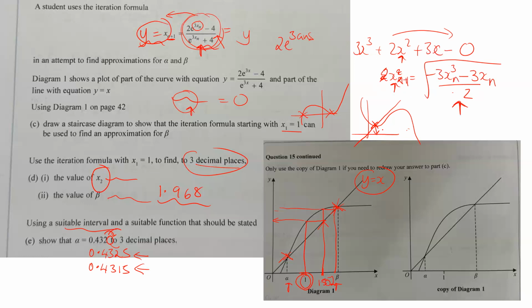Does the starting value on the graph need to be in between the two values? No, it just needs to be close to one of the roots. Doesn't need to be in between, because sometimes you don't even have two roots, you only have one. It just needs to be close. And the choosing of the first initial value matters: sometimes you see that one homed in on this root.